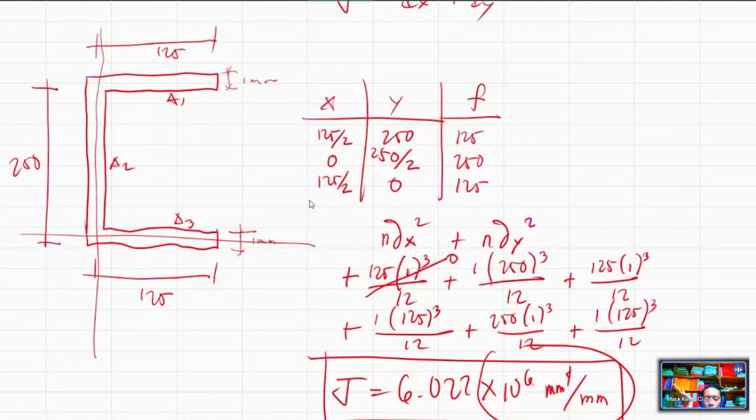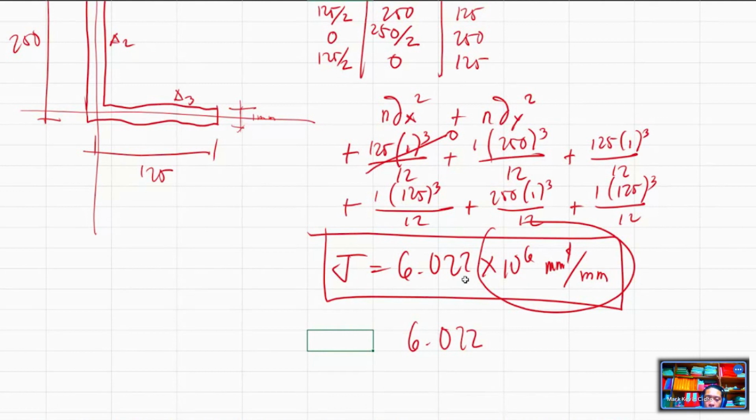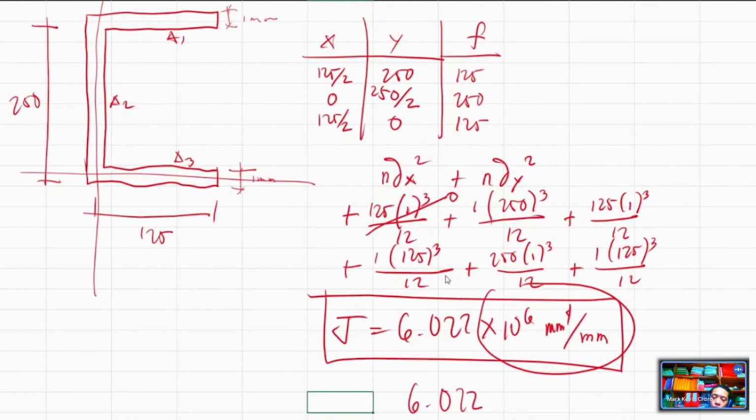You can also omit it in the computation, because 125 cubed over 12 compared to the total value of your J will not change the result. It's negligible. So sometimes in your computation you can omit this. Assume it as 0, and just include the major terms.